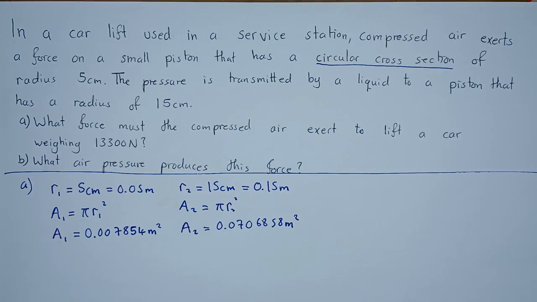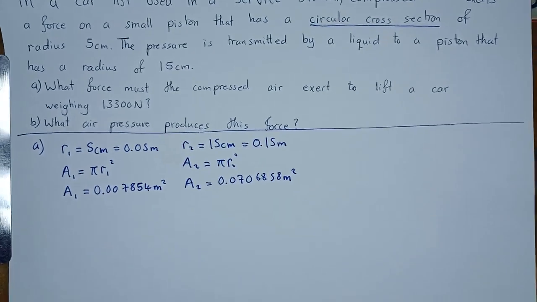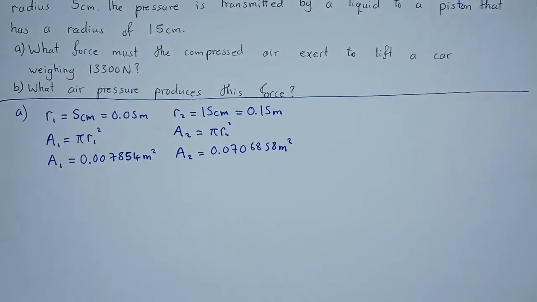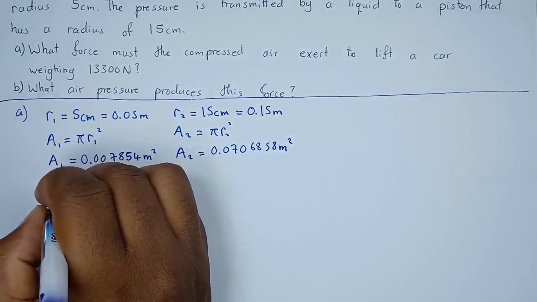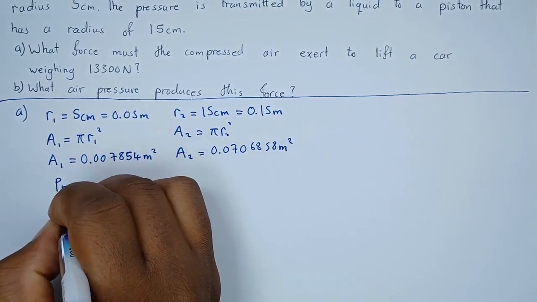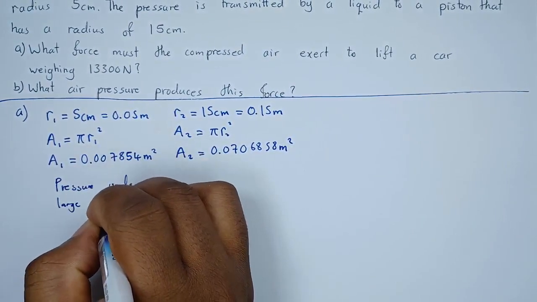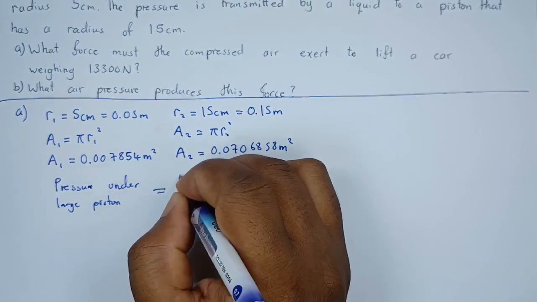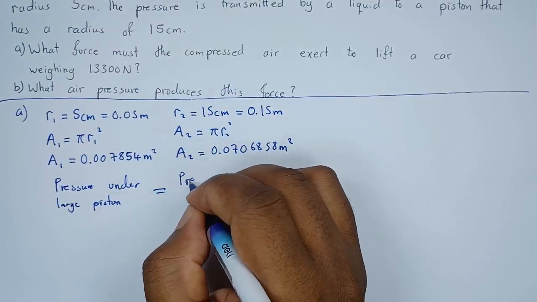Okay, so now that we have this, to find the force in relation to pressure, we are going to use Pascal's principle. According to Pascal's principle, the pressure under a large piston is equal to the pressure under a small piston. So we can write it like this: pressure under large piston is equal to pressure under small piston.